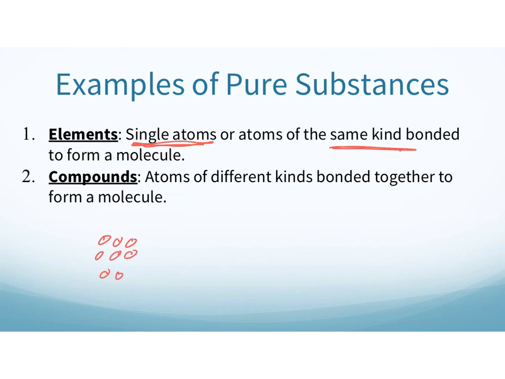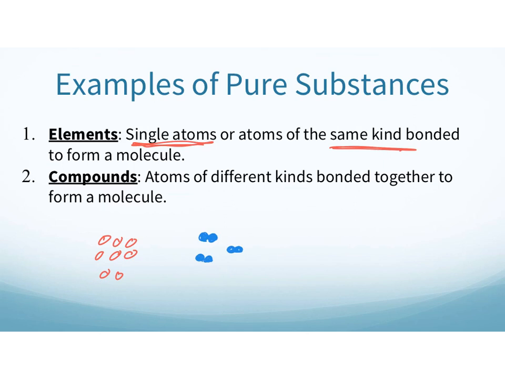I just drew them as circles here. An example of an element that would have atoms of the same kind bonded together would be oxygen. With oxygen, we see two oxygen atoms bonded together to form O2. A microscopic picture of that might look like two circles bonded together. While these look slightly different, both of these would be considered elements.